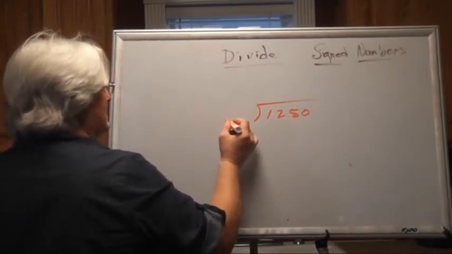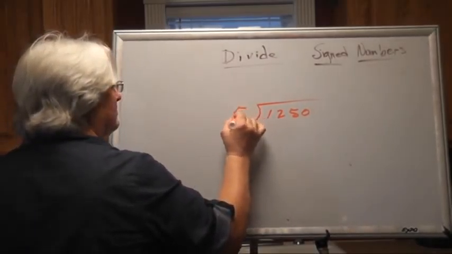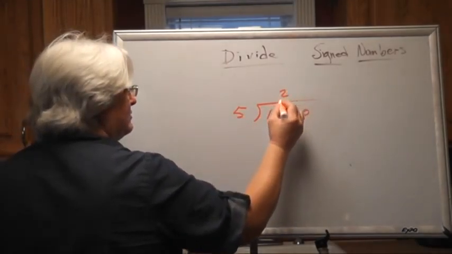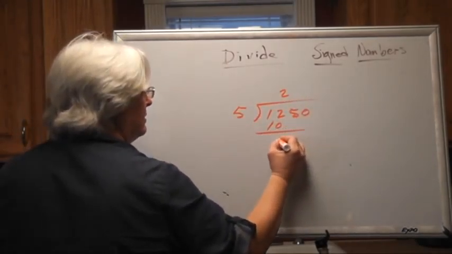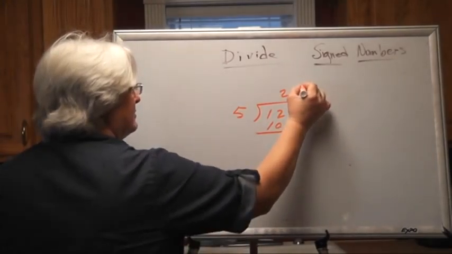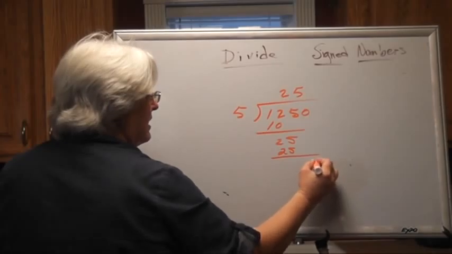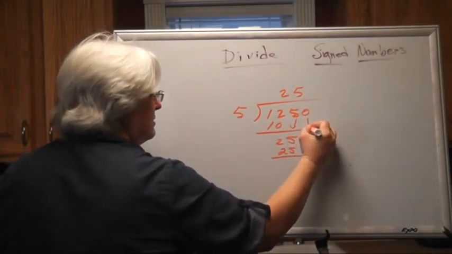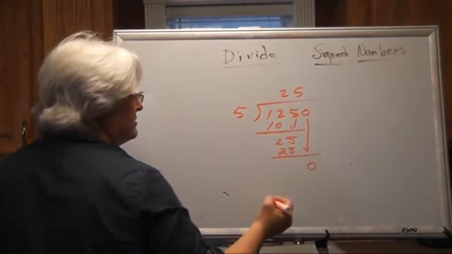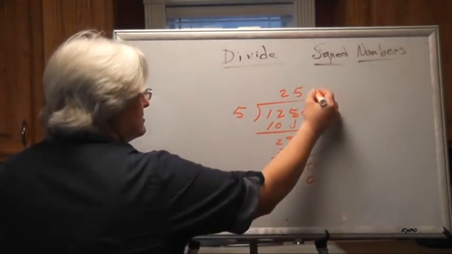I'm going to divide this by 5. How many times does 5 go into 12? 10. How many times does 5 go into 25? 25. How many times does 5 go into 0? 0 times.